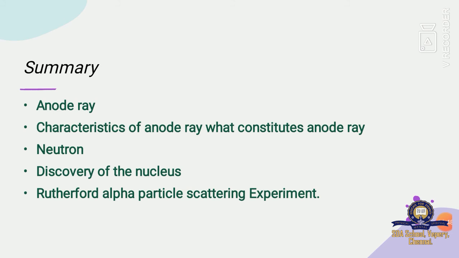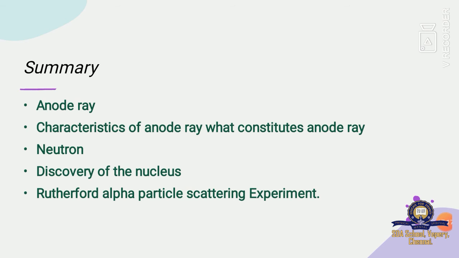Anode ray is positively charged and anode ray differs with the gas used. Then we have seen what constitutes anode ray. In that we have seen atom, in which we have anode ray and cathode ray, and anode rays are proton and cathode rays are electron. Then we have seen relative charge and mass of proton, which is +1.